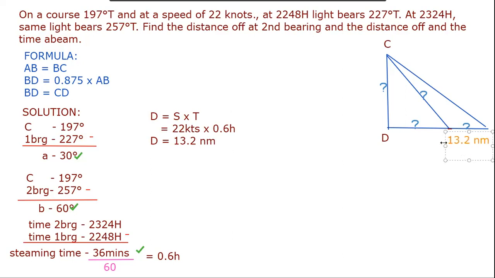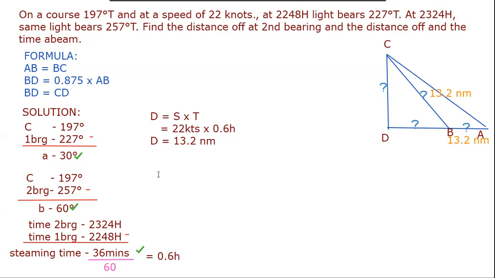Dahil sabi natin, ang AB at BC pareho lang, ibig sabihin, distance ito ay 13.2 nautical miles. Okay? So, how are we going to find the value of BD and CD? Kapag BD, ang rule dito sa paghanap ng BD, you need to multiply 0.875 to the value of your AB.